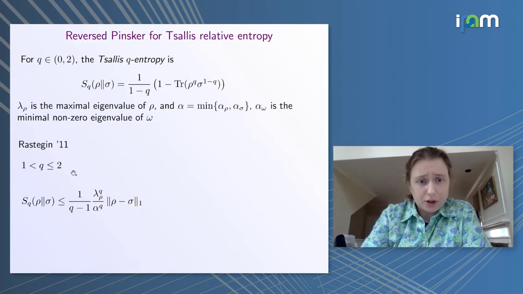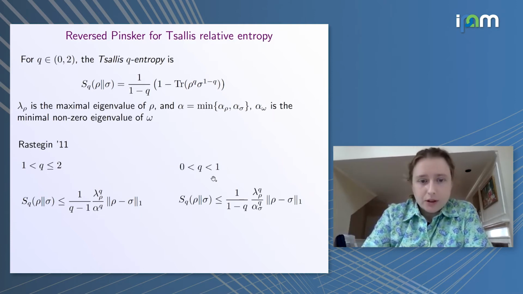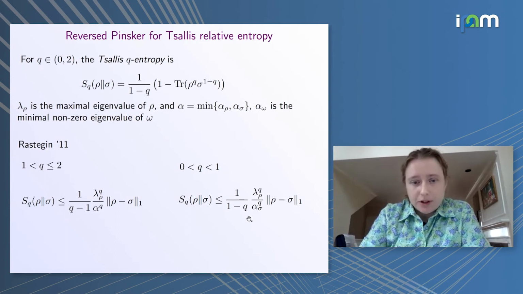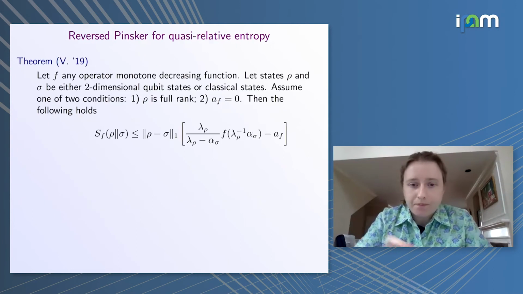This is for q between 1 and 2. For q between 0 and 1, you get something very similar, but instead of the minimum eigenvalue of both, you can have the minimum eigenvalue of sigma. So it's a little bit sharper inequality.